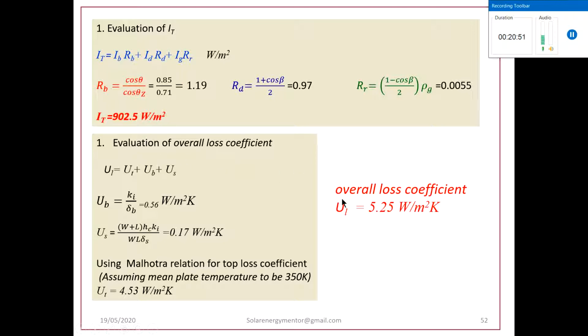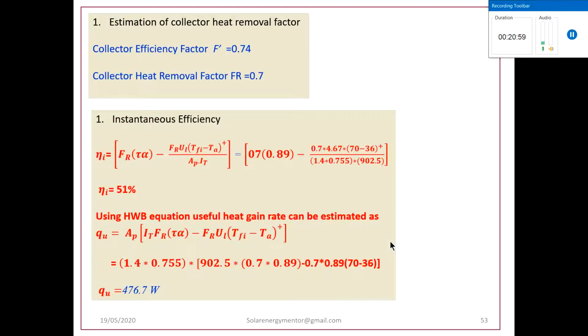Then evaluation of UT using the Malhotra relation comes out to be 4.53. And then F dash, the collector heat removal factor, is 0.7. Instantaneous efficiency comes out to be 51%. And from this you can find the useful heat gain rate to be 476.7 watt.